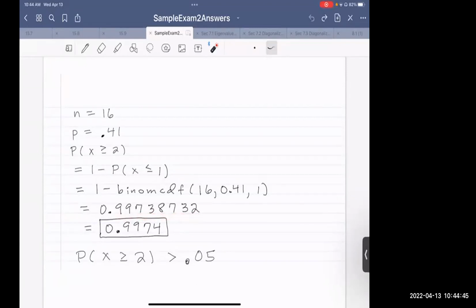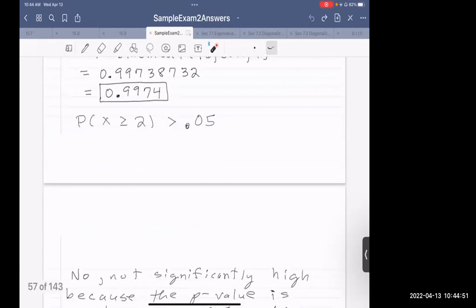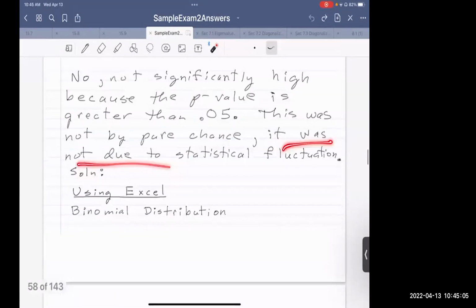Let's round this to the nearest 10,000ths, 0.9974. Since the probability x is greater than or equal to 2 is greater than 0.05, then no, this is not significantly high because the p-value is greater than 0.05. This was not by pure chance. It was not due to statistical fluctuation.